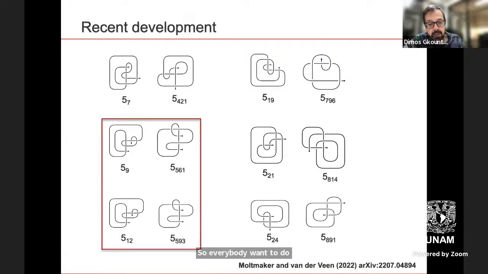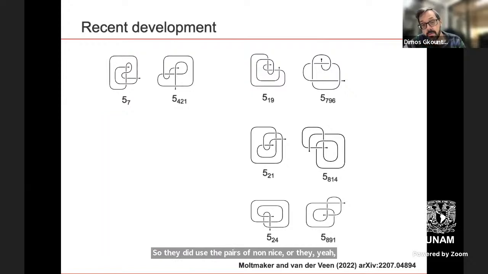But thankfully, in a recent paper, last year, well, now it's 23, Maltmaker and Vardewind defined quantum invariants of natoids, and they managed to show that this guy is different than this one, and this guy is different than this one. So they reduced the pairs of our conjectures to 4, which is a huge step forward. So this is what remains to have a complete classification of natoids on the plane.